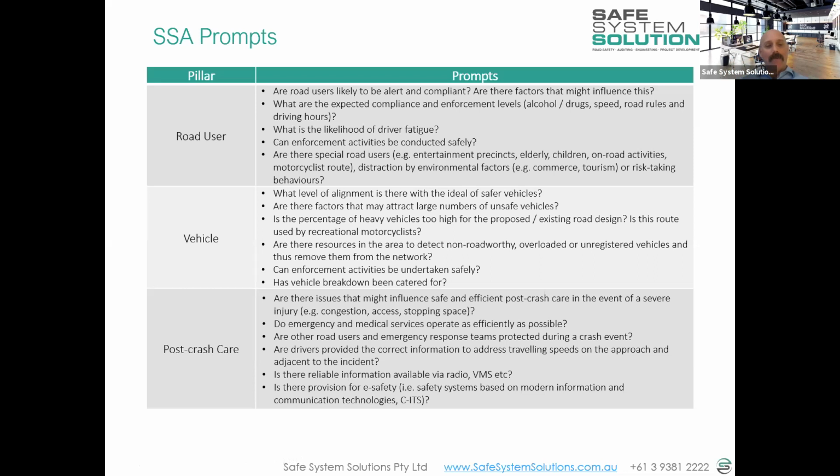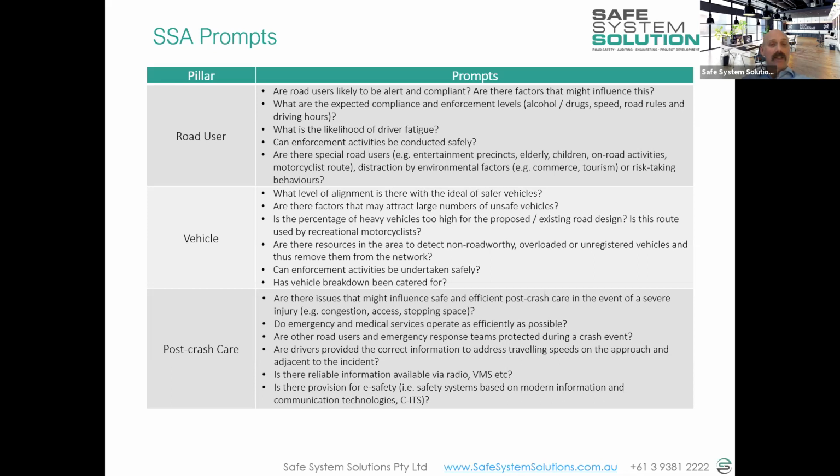In a week's time, I'm going to talk you through some of the policy stuff, some of the different options about when safe system assessments are done, a couple of different types, because there's a rapid and a full safe system assessment. But you don't need to worry about that yet, because we're just covering the mechanics of how to do these things. In a full safe system assessment, you actually have to answer each of these questions in a qualitative way, and it may lead to ideas that you have for the project to inject.